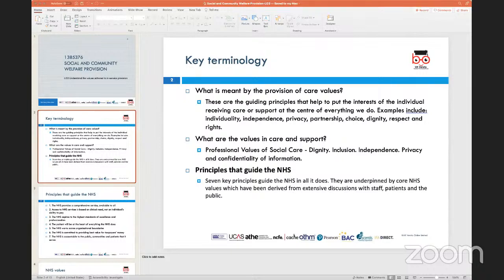The word provision is very important because it talks about the action of providing or supplying something, which means, in simple words, making arrangements or preparations to be able to provide these services to members of the public or patients.